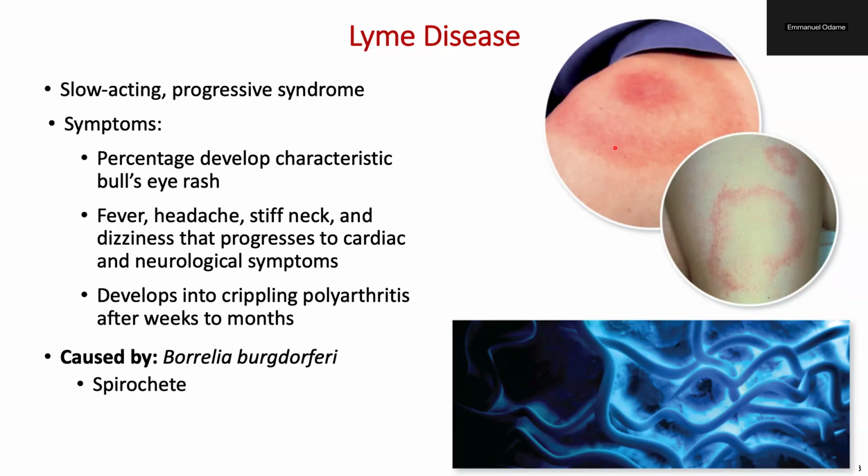Basically, the Borrelia, which is the causative agent, invades the immune system by changing surface antigens, and it has been known to have multiple proteins which are responsible for attachment of the parasite to your host cells.